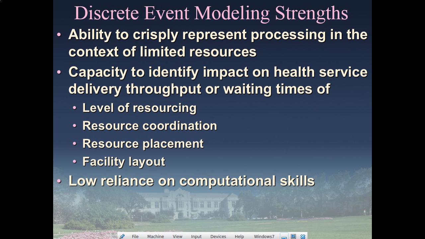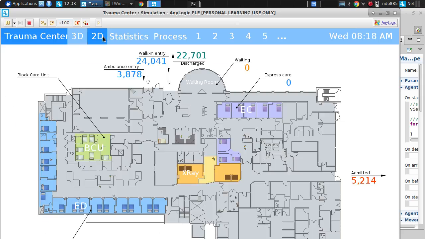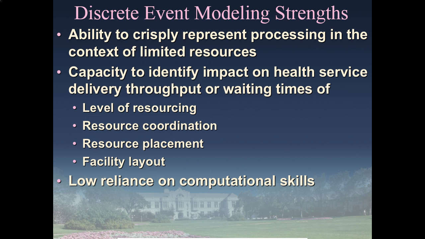In this sort of model, ladies and gentlemen, the time that it takes for a person to get treated is a function not only of the level of resources, but also of how long it takes them to get to their room, how long it takes the doctor to go fetch the equipment needed to treat them. And with this sort of modeling, you can look at the impact of resource placement.